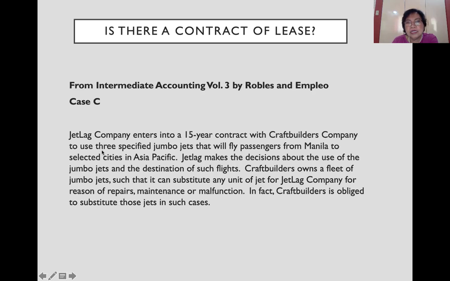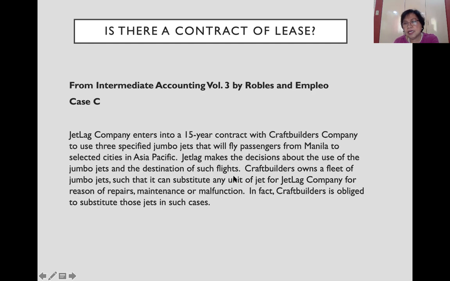So let us see. The contract actually specifies 3 definite jumbo jets, specific jumbo jets that will fly passengers from Manila to selected cities in Asia Pacific. The customer Jetlag actually receives the right to make the decision about the use of the jumbo jets and the destination of such flights.